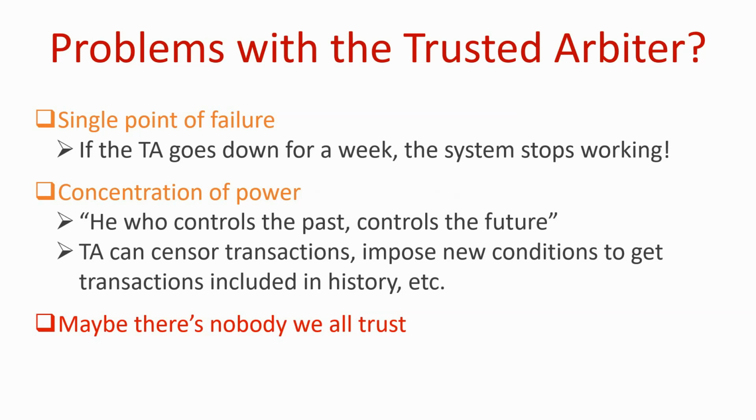And so because the bank controls the history, the bank, the trusted arbiter in this case, controls how much money you have in your account. Now, again, the bank has interest in keeping this money honest, in keeping the integrity of the amount that you have in your account correct, because if they don't do that, then they will no longer have customers.